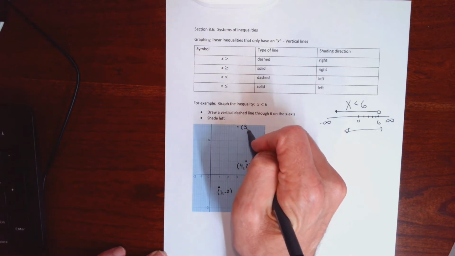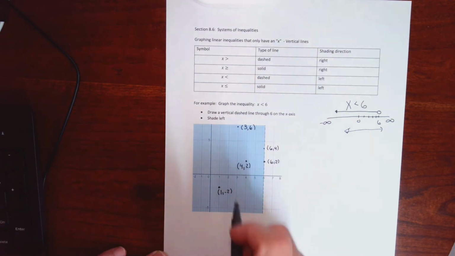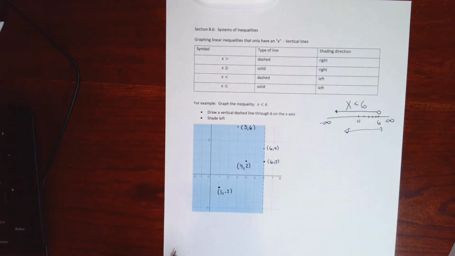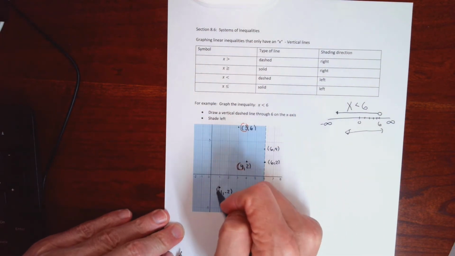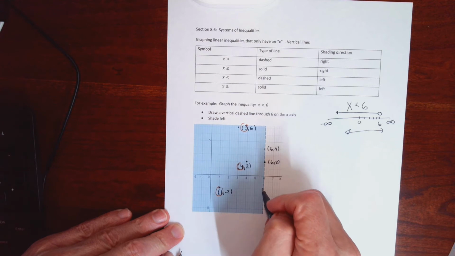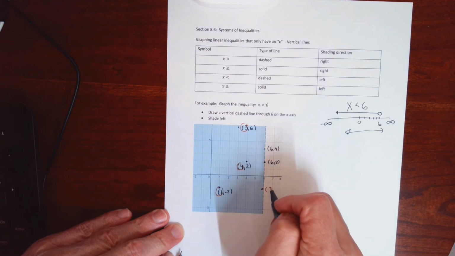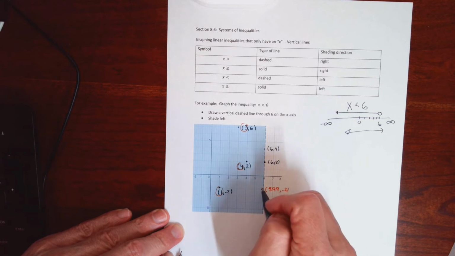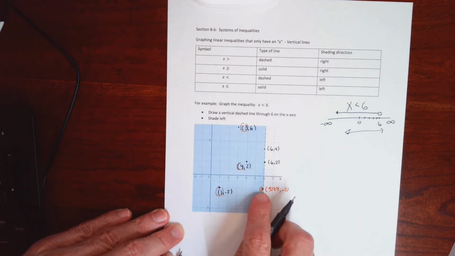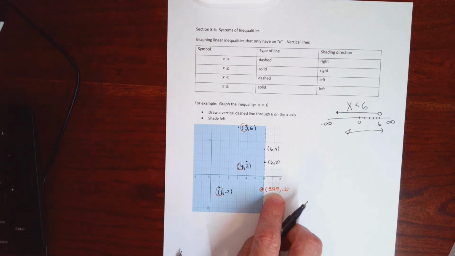But every point to the left of this vertical line, if I only look at its x coordinate, is a number that's strictly less than 6. Even if I butted right up to this line, maybe the point 5.99 comma -2, this point right here still fits the criteria that x is less than 6.